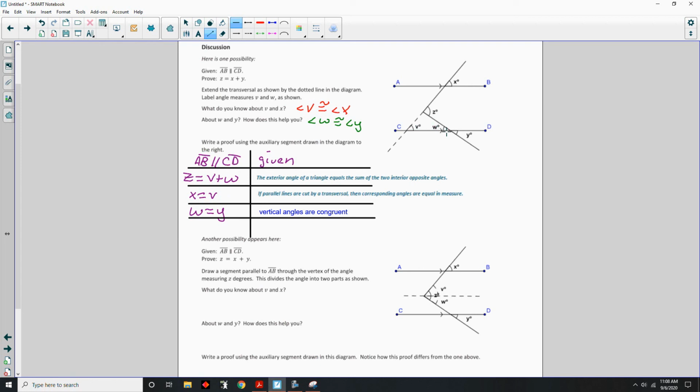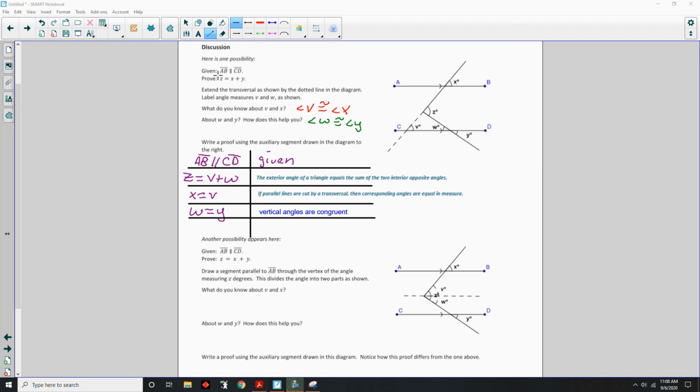And we have w equal to y. What can we do with those? All right, so we could say this again. If we take z equal to v plus w, let me think about that.